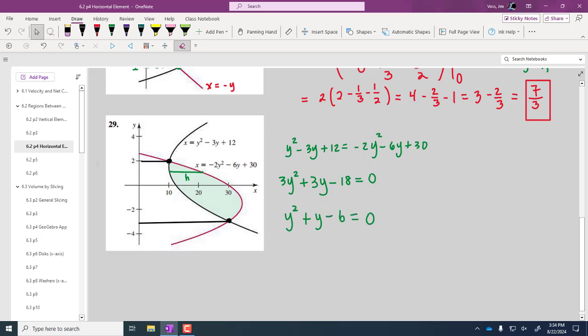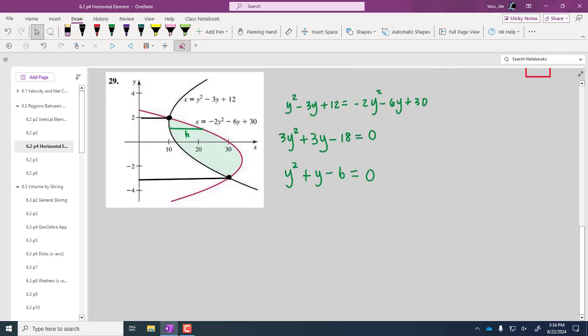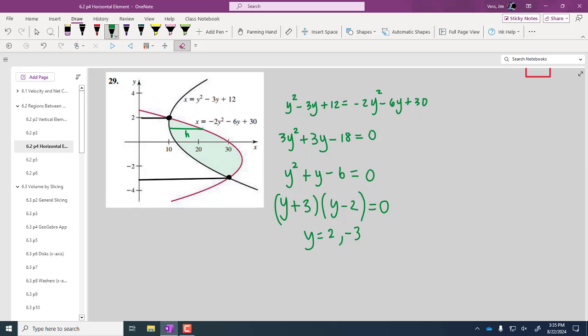Divide out the 3. Factor. We want the middle to be positive, so we're going to put the larger magnitude with the plus. So y equals 2 or negative 3. All right, so that is our algebra technique to get to those limits of integration, to get to those intersection points.